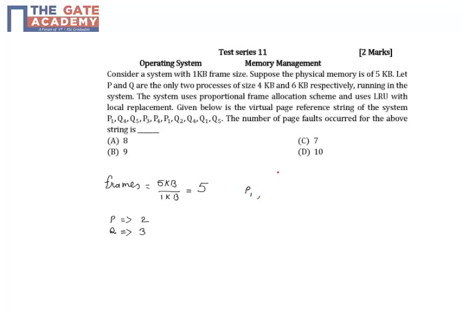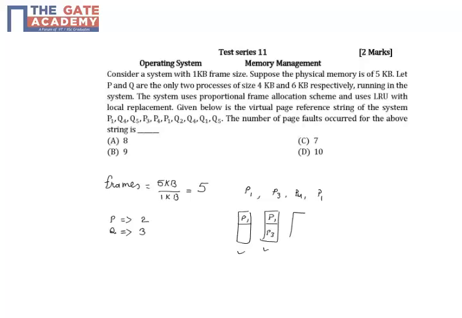I am just writing them: P1, then P3, then P4, then P1. That's all. P1, P3, P4 and P1 are the page references. So if there are only 2 page frames, then for P1 there will be 1 page fault. For P3 also there will be a page fault.